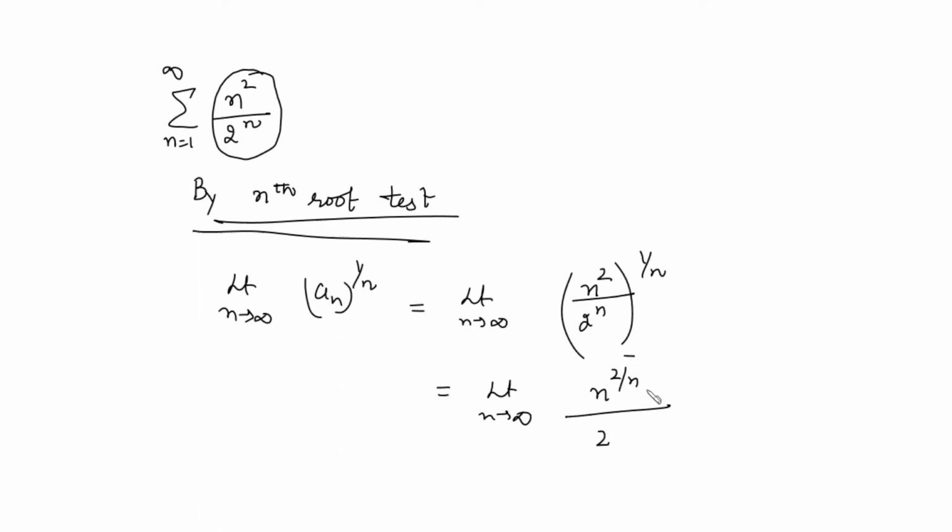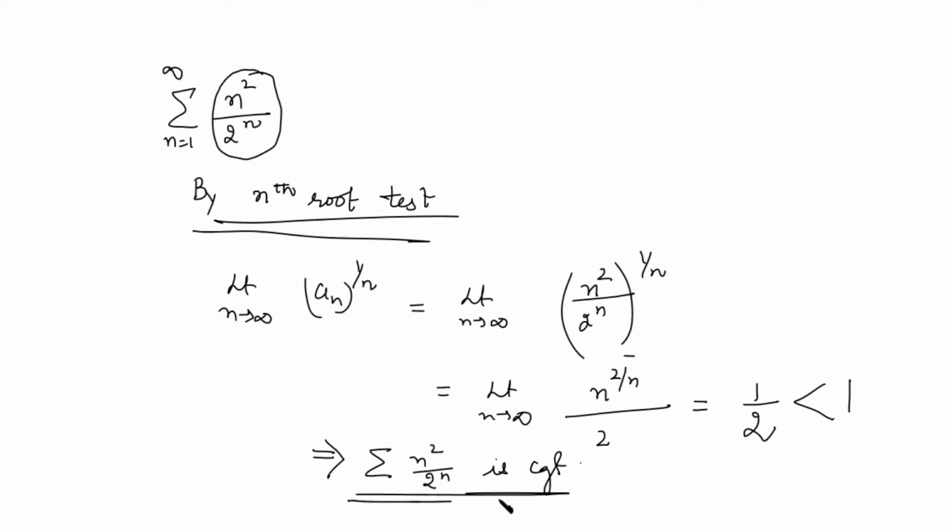So this limit is 1, and this is 2 independent of n, so you will have this is half. Whenever this limit is strictly less than 1, by nth root test the given series is convergent, right?